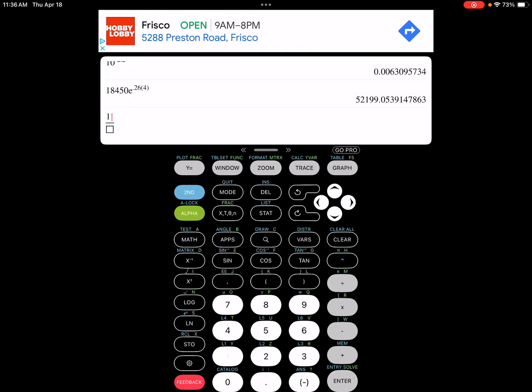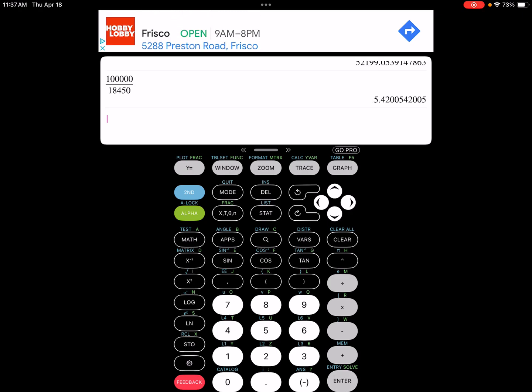I'm going to type 100,000 over 18,450. Oh, well, okay, I think on the school calculators, hang on, I have one next to me. Alpha y equals enter. 100,000 over 18,450. Oh, the school calculator gave me 2,000 over 369.